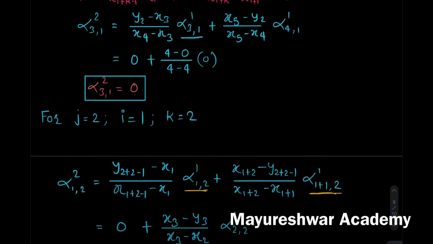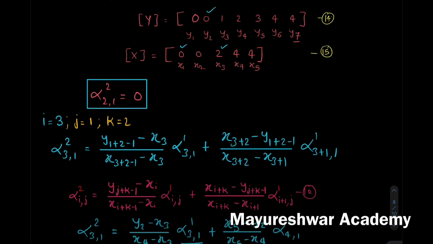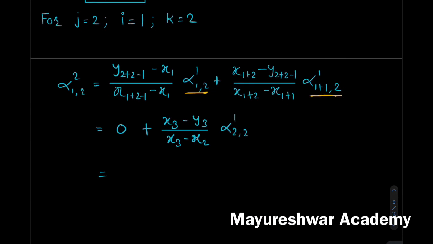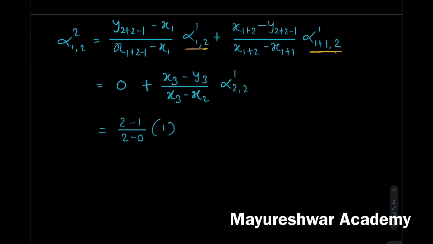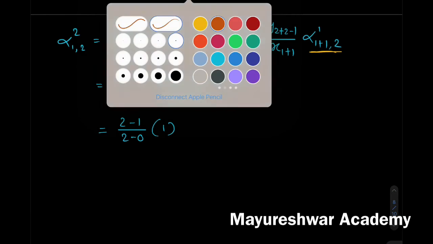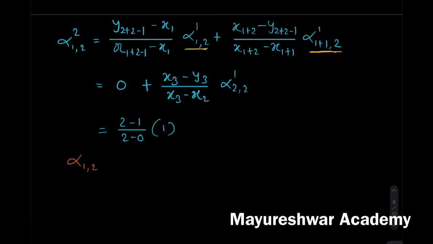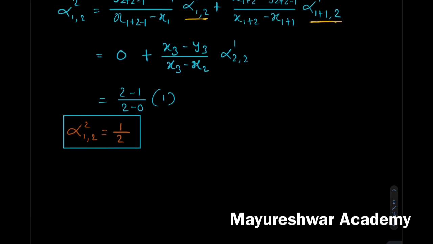Okay, so now let us check the value of x3, which is 2, this one, okay, this is a unit value. So in short this is going to be 2 minus 1, which is 1 by 2. Okay, so this value is a half, so this factor comes out to be half. Let us highlight.